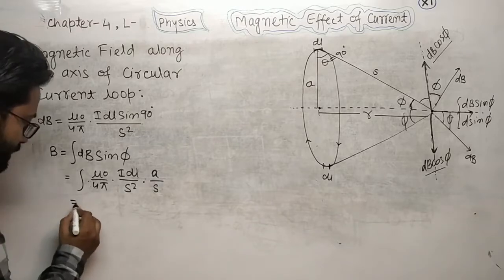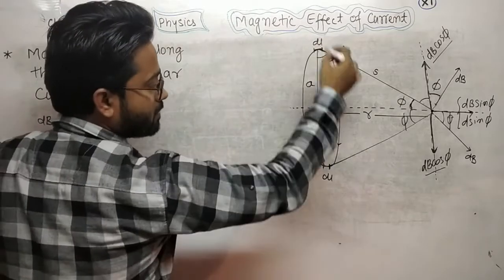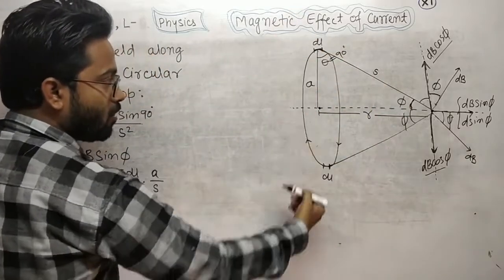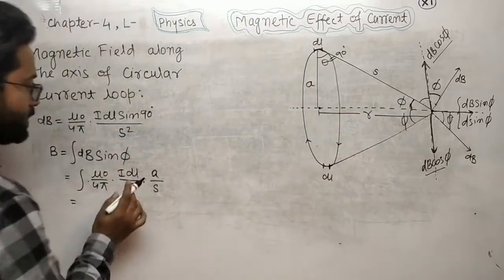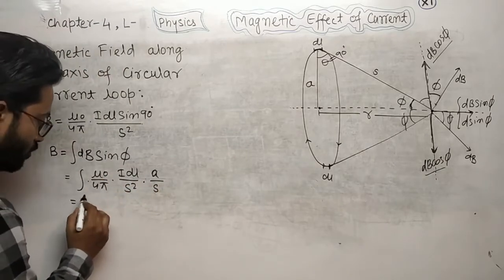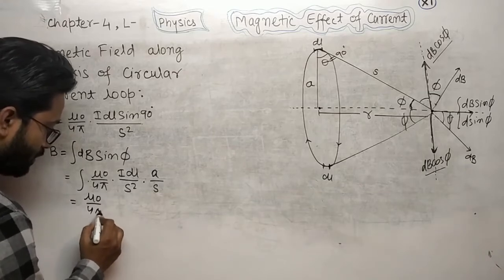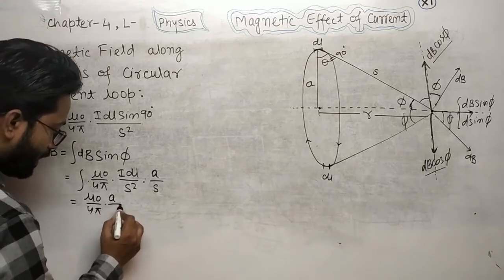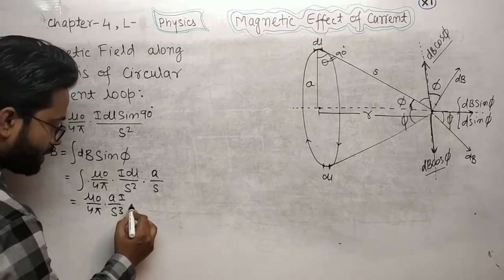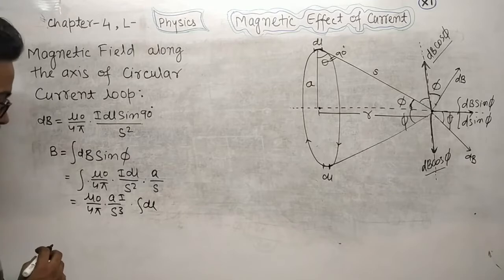The radius a of the circular loop is constant, and s is the same for all elements dl, so s is constant, a is constant, I is constant, and mu naught by 4 pi is constant. So we get mu naught by 4 pi, a upon s cube, I, integral of dl.